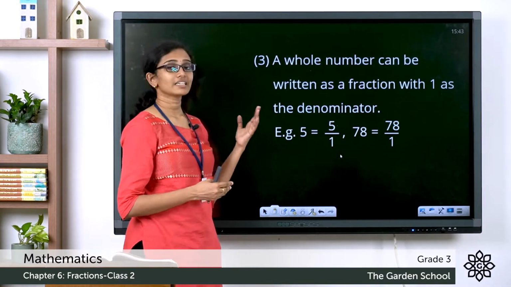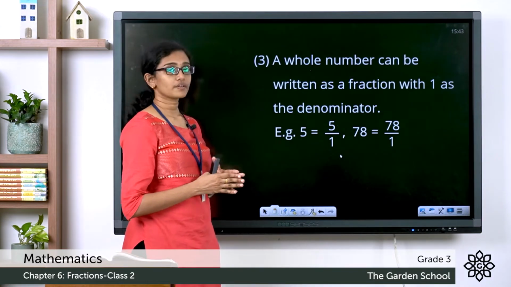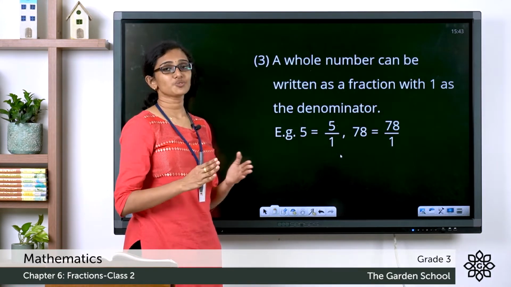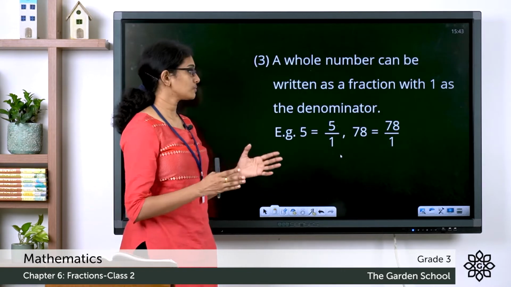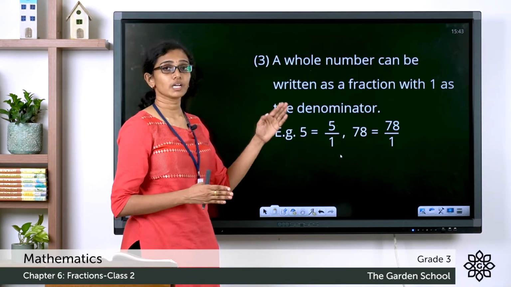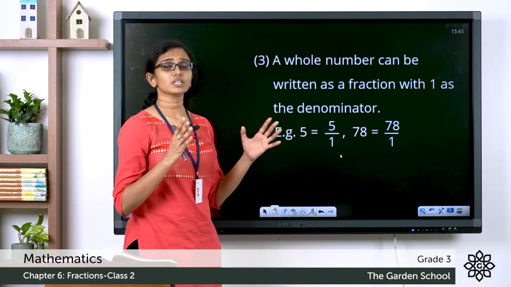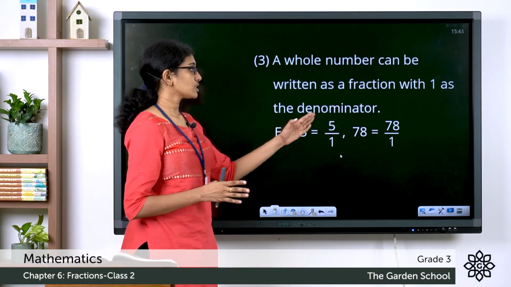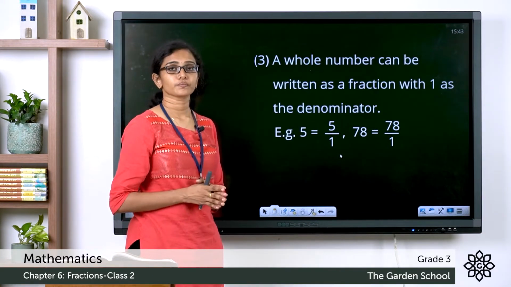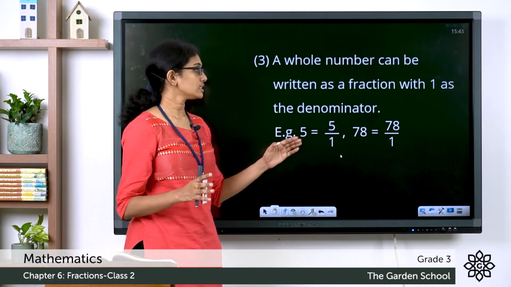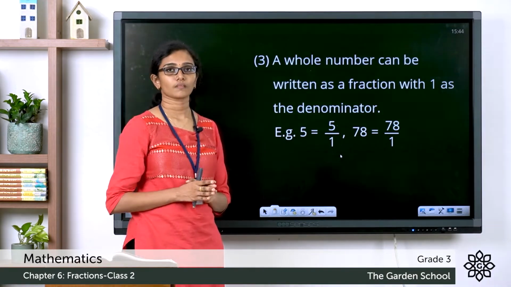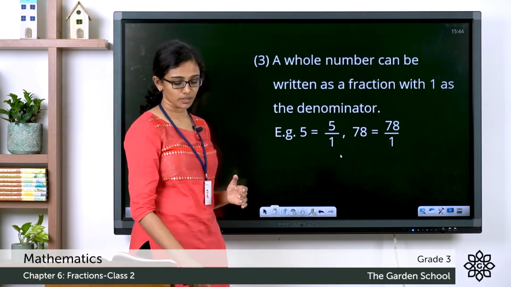Any number can be represented as a fraction with denominator 1, which will not make any change to its value. It means that if 5 is written as 5 by 1, there is this one whole, which is a group of 5. That one whole is 5 equal parts. Hope you are clear with this property as well.